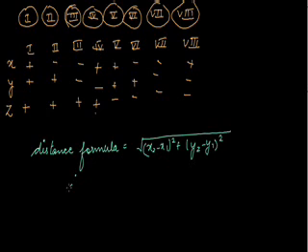Suppose there are 2 points, A with coordinates x2, y2, and another point B with coordinates x1, y1. So the distance between A and B is equal to this. This was the distance formula which we studied earlier, and that was only for the 2 axes, that is x-axis and y-axis.